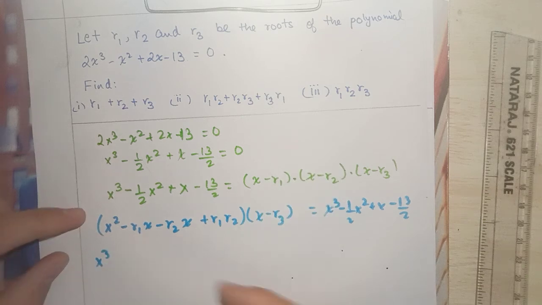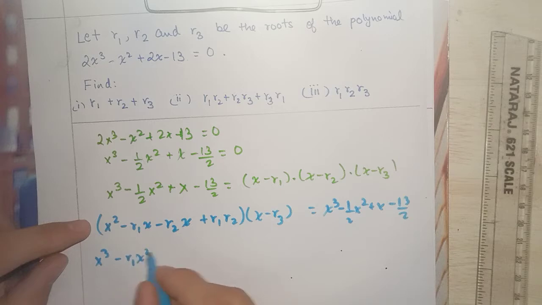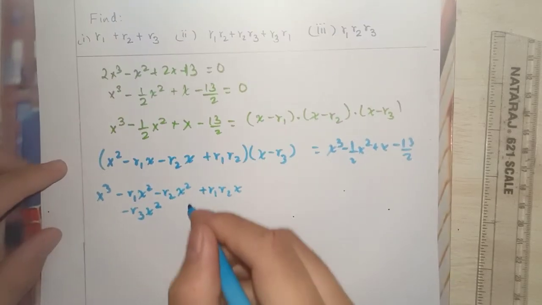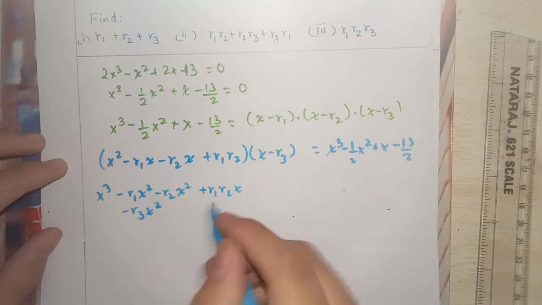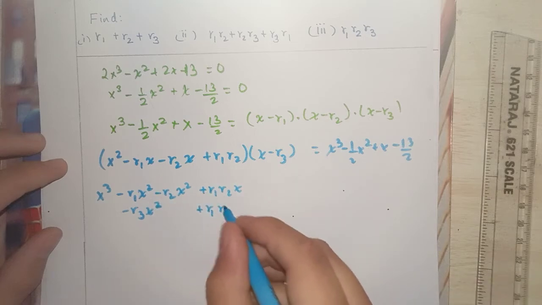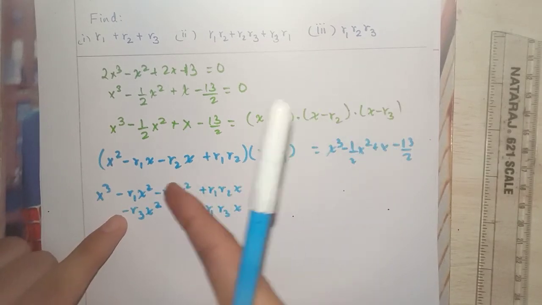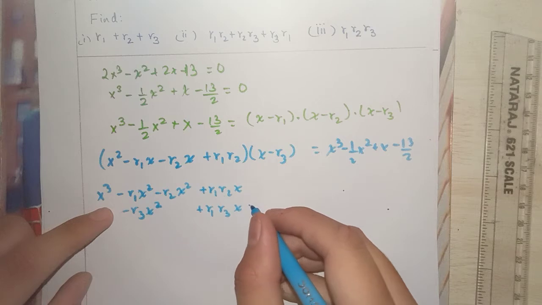So x cubed minus r1x squared minus r2x squared plus r1 r2x minus r3x squared, plus r1 r3x, and I am just putting those terms with the similar power of x below each other.